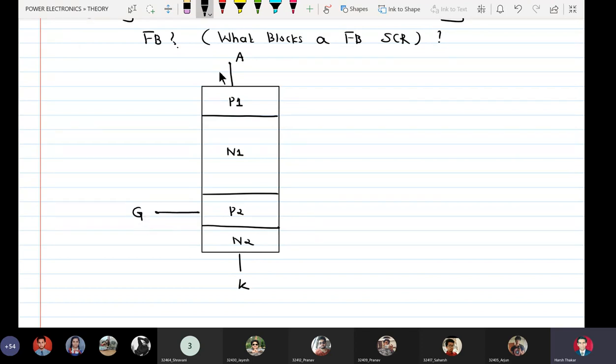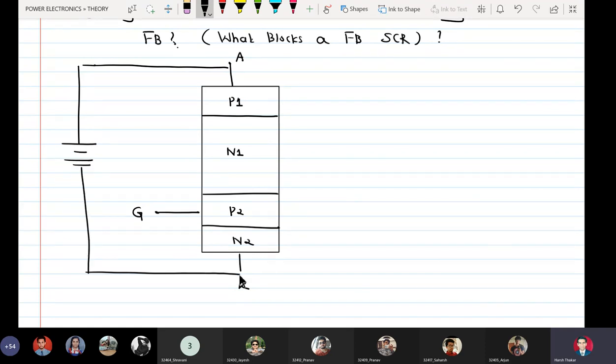Okay, so nothing is applied to the gate, and here what I do is I apply a battery. So plus and minus.